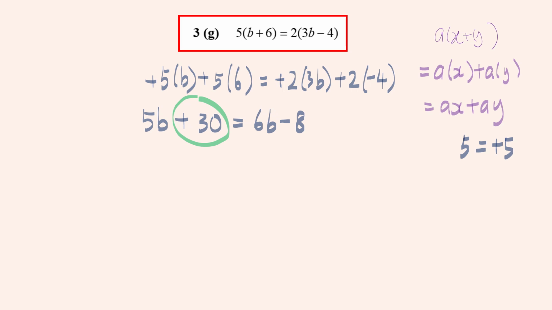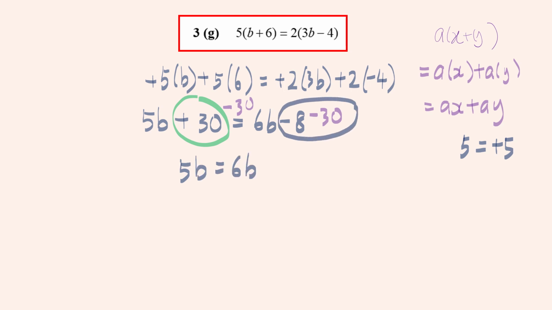And how do we do it? Yes, we subtract 30 on both sides of the equation. So we would end up having 5b equals to 6b. Negative 8 minus 30, what does it give you? Yes, it gives you negative 38.